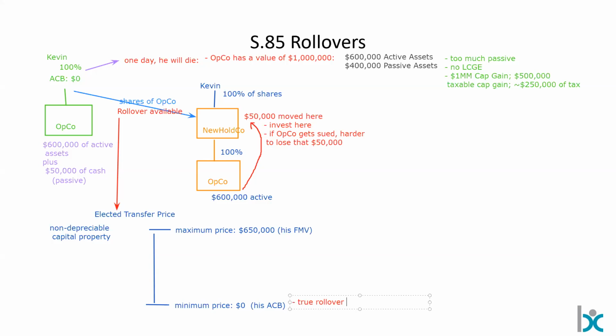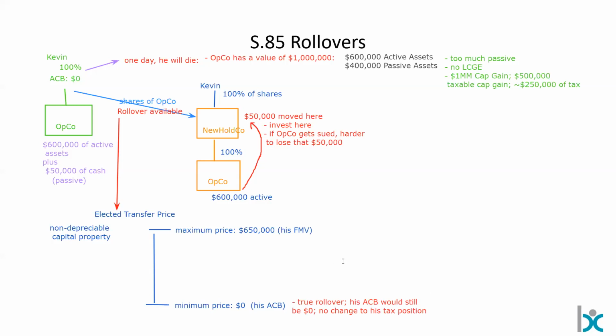Okay, so I would have a true rollover here, and that means that his ACB would still be 0, and really no change to his tax position.